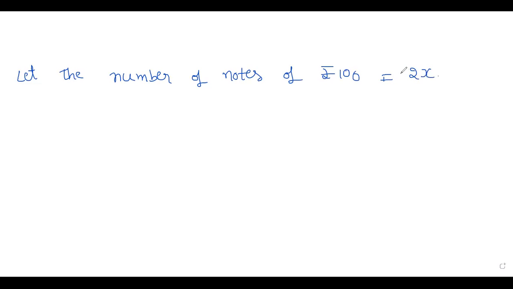So the first one is 2, the ratio is given. So the number of notes of ₹100 is 2x, and ₹50 is equal to 3x, and ₹10 is equal to 5x.